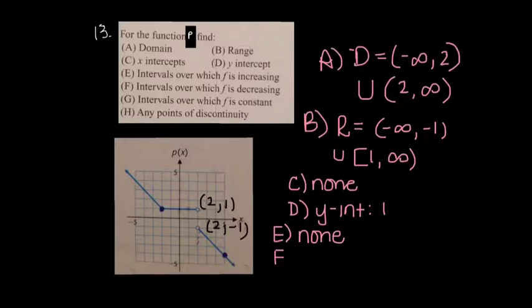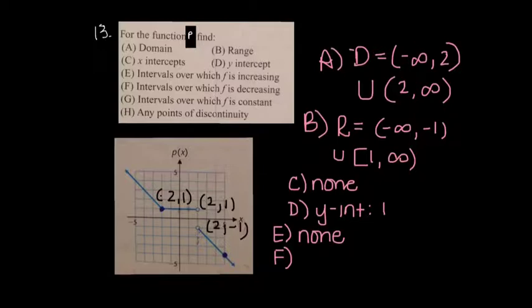To find where the graph is decreasing, I would be interested in, when I trace it, where is my pen moving down? If I start at negative infinity from the left, my pen is moving down from negative infinity until this point. And that point is the point negative 2, 1. So the first part of the interval over which it's decreasing, I'm only interested in the domain.